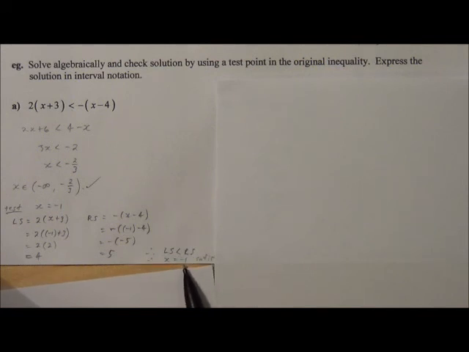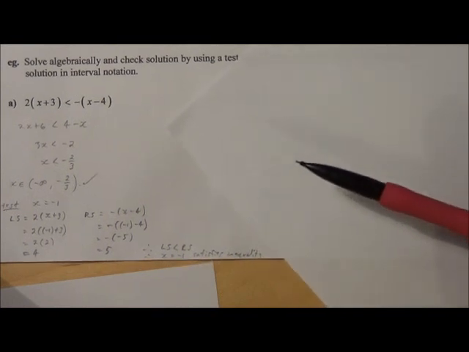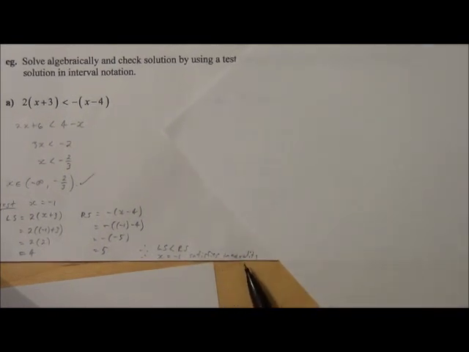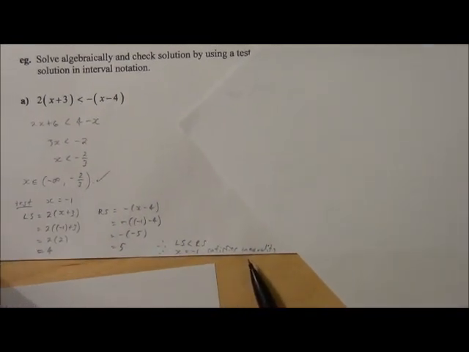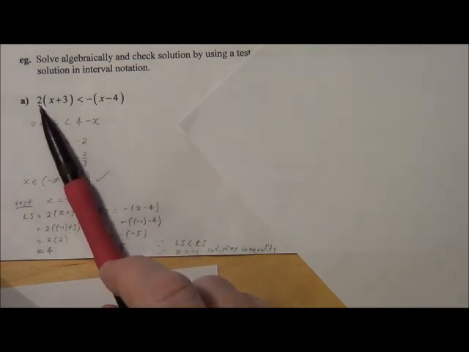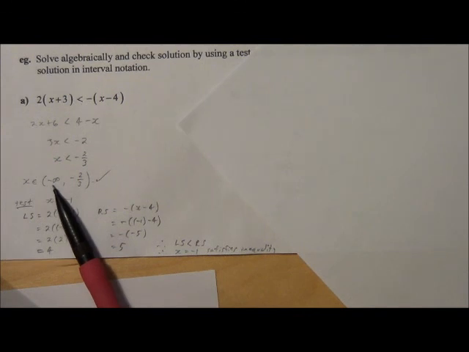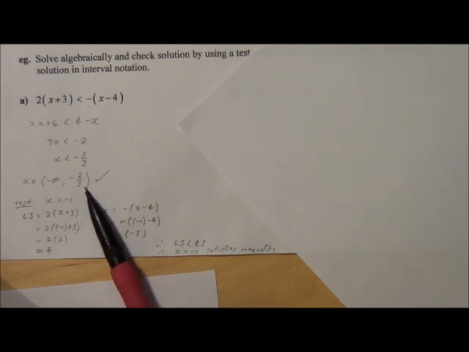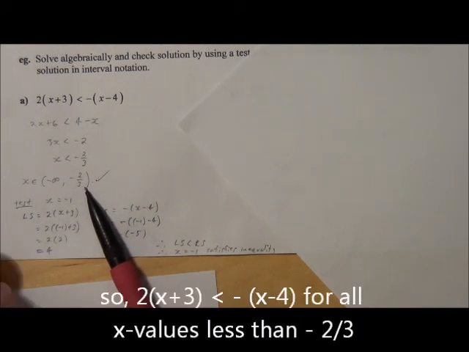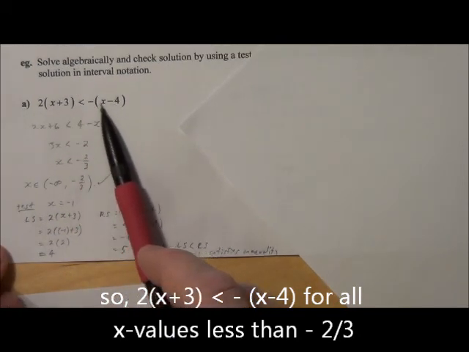Therefore, x equals negative 1 does satisfy the inequality, and that means that the range of x values from negative infinity to negative 2/3 is the solution for this inequality here.